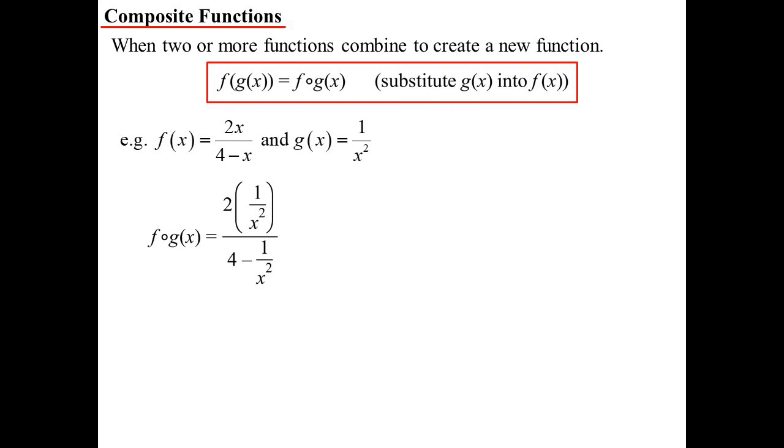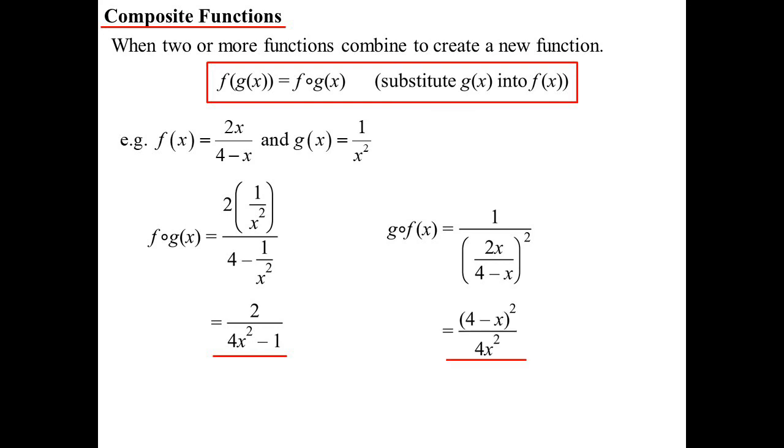So everywhere I see x, I'm replacing it with 1 on x squared, and I can play around with that, and I get 2 on 4x squared minus 1. Whereas if I go g of f, it's not necessarily going to be the same thing. This time, everywhere I see x, I'm replacing it with 2x on 4 minus x squared, and we'd end up with 4 minus x squared over 4x squared.